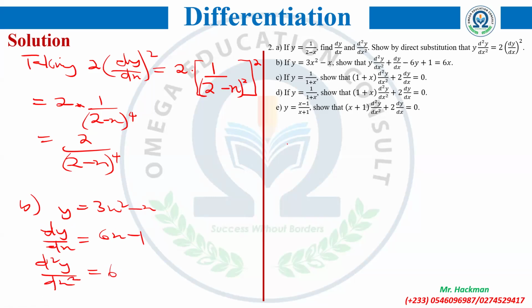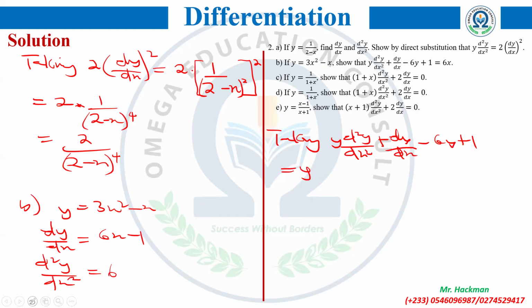So in that case, taking the left-hand side: y d²y/dx² + dy/dx - 6y + 1. That's the left-hand side. This will be equal to y. What is your y? I even know my y, which is this.